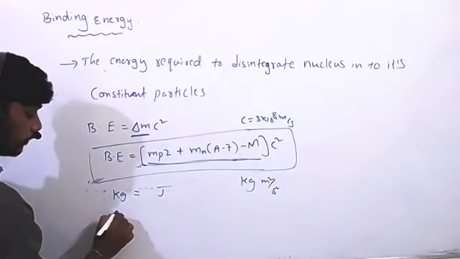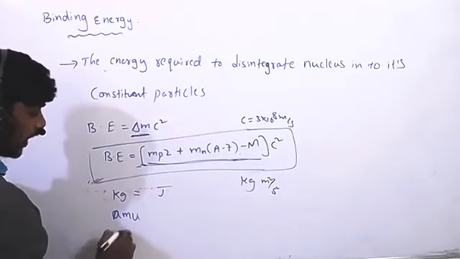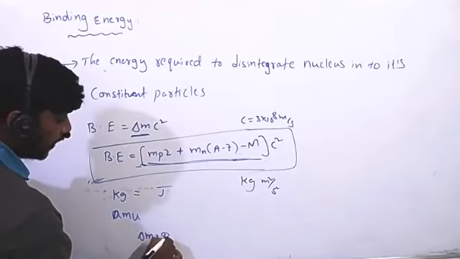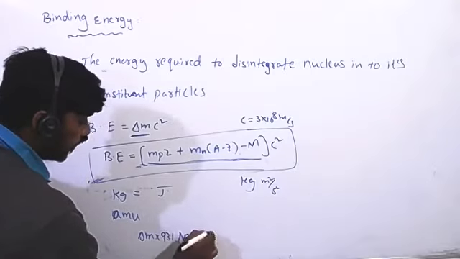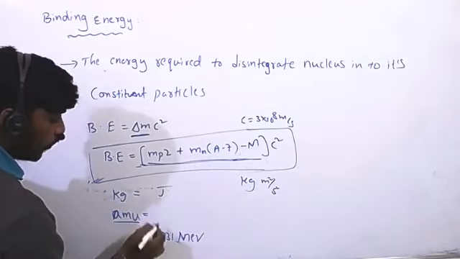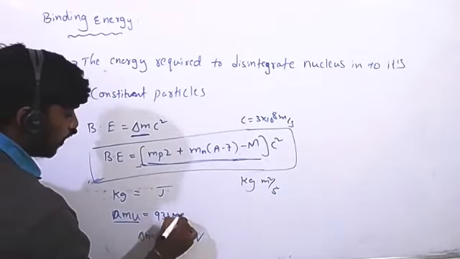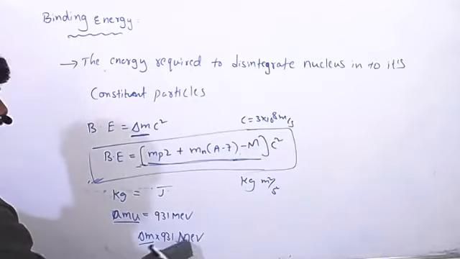If mass defect is measured in AMU, then this binding energy we will measure as delta m into 931 mega electron volt, because 1 AMU is nothing but 931 mega electron volt. If mass defect is measured in AMU, then we have to multiply with 931 mega electron volt.